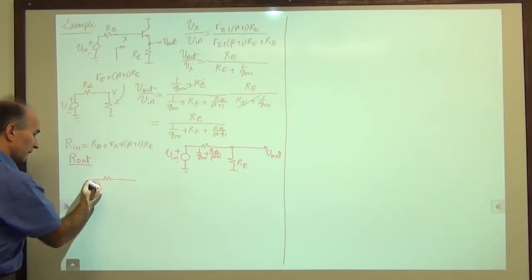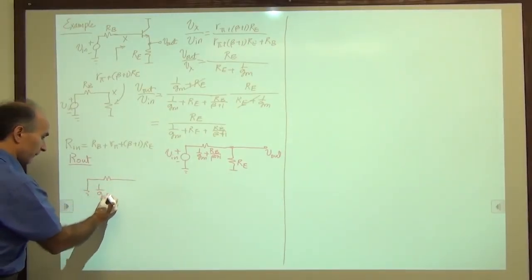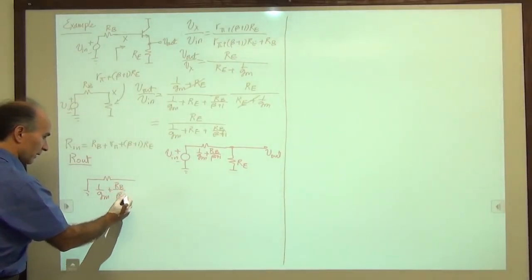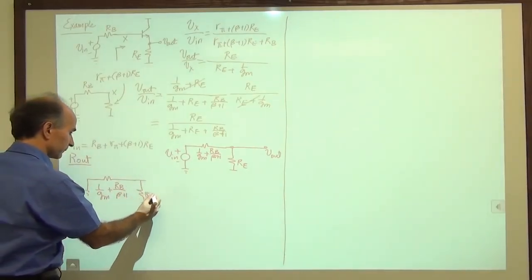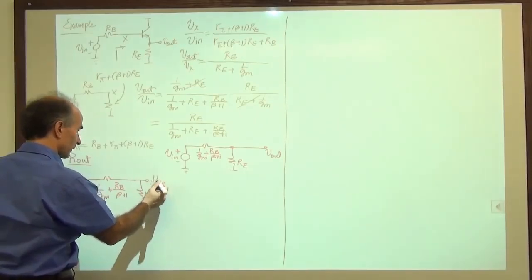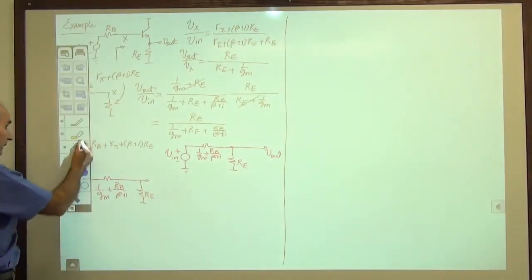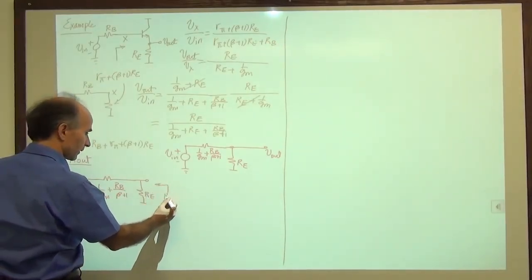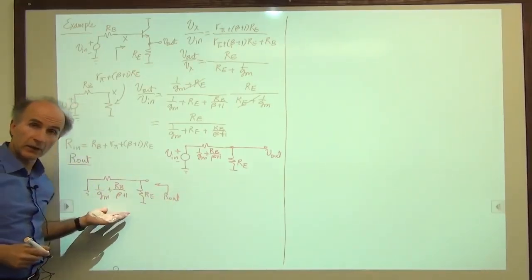I will set the input source to 0, 1 over Gm plus Rb over beta plus 1, and then Re. And then this is V out. Sorry, this is what we are trying to find. So that's the output resistance. We're trying to find the output resistance here. And now it's clear what it is.